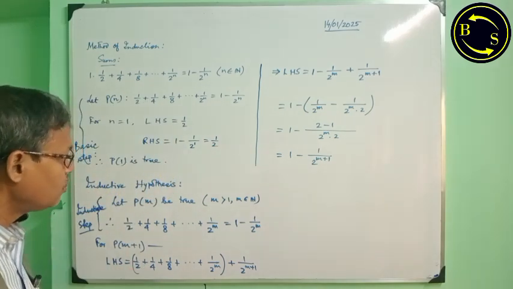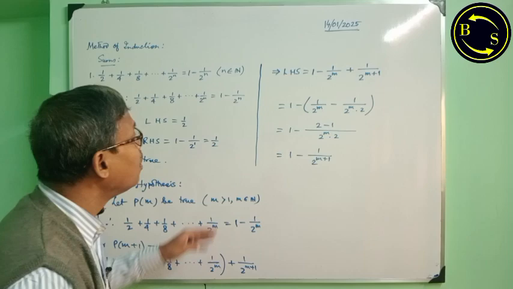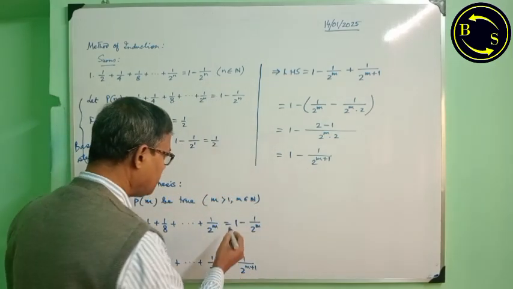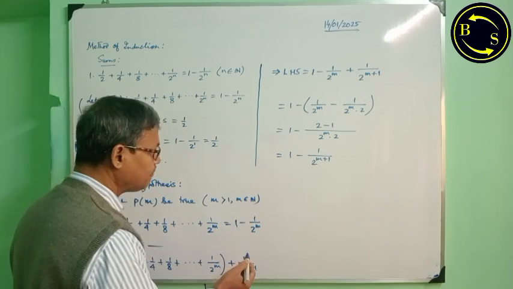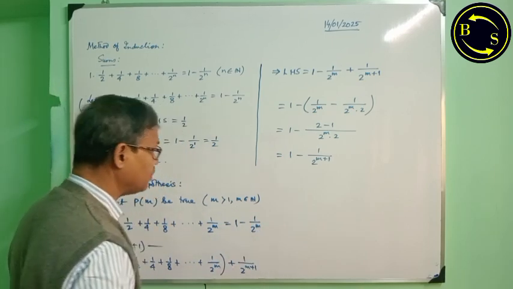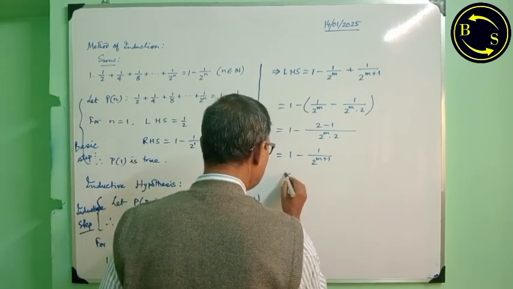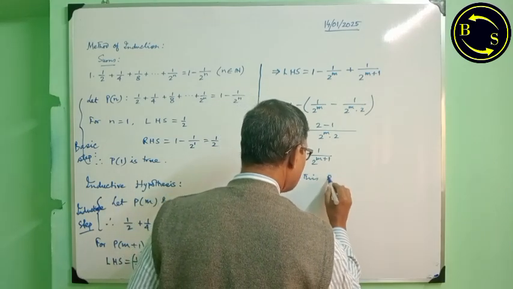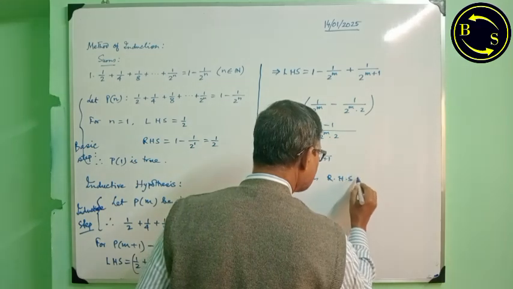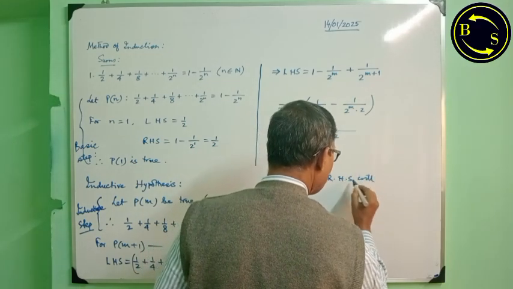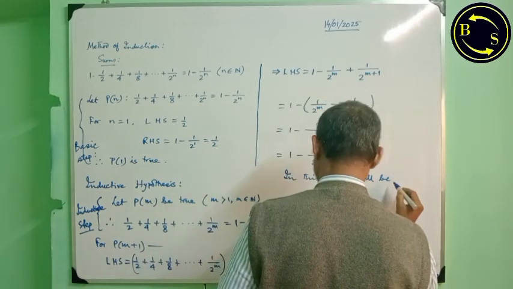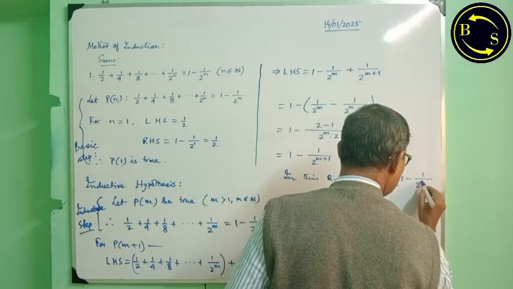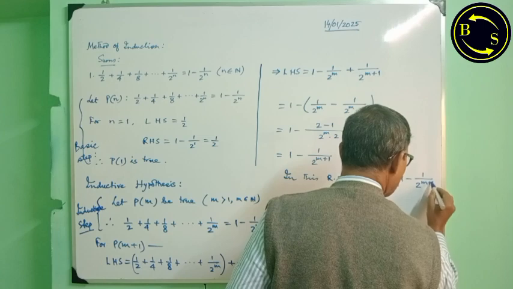Left hand side is equal to, now this will be represented by this RHS part if we replace m by m plus 1. In this case, RHS will be 1 minus 1 by 2 to the power m plus 1.